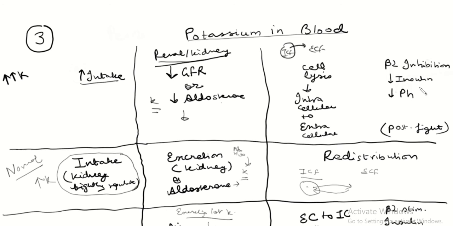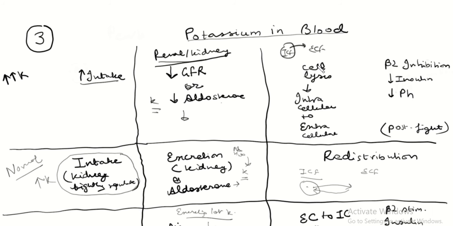If I have states where there's low insulin, that potassium goes from inside the cell to outside the cell. Lastly, if that sympathetic beta 2 response is not there and I'm inhibiting that response, that potassium will go from inside the cell to outside the cell. So I don't need my lungs to blow off a lot of CO2 anymore because I'm done with my fighting. I'm resting and relaxing.